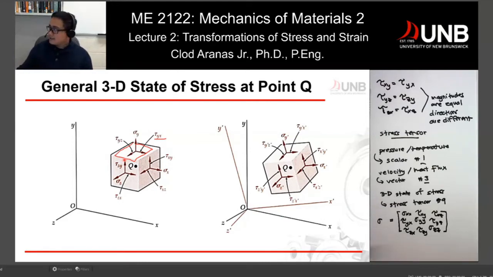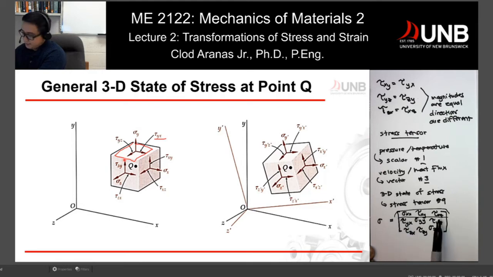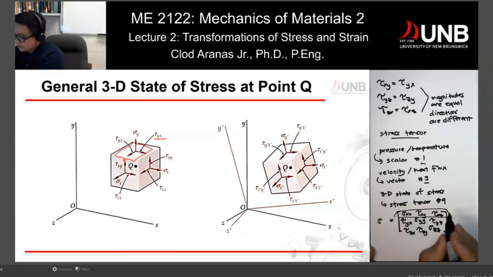Now, once you see this matrix, you would see something in common along the vertical or horizontal direction. Let's take a look at this direction here. If we look from this point up to this point, you can see that the common thing between the three of them is the first subscript, x, which means that they are applied on the x face, which is your plane.